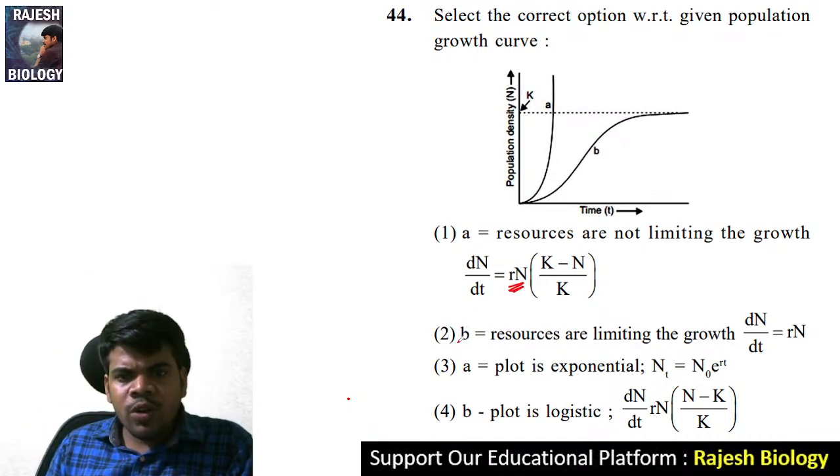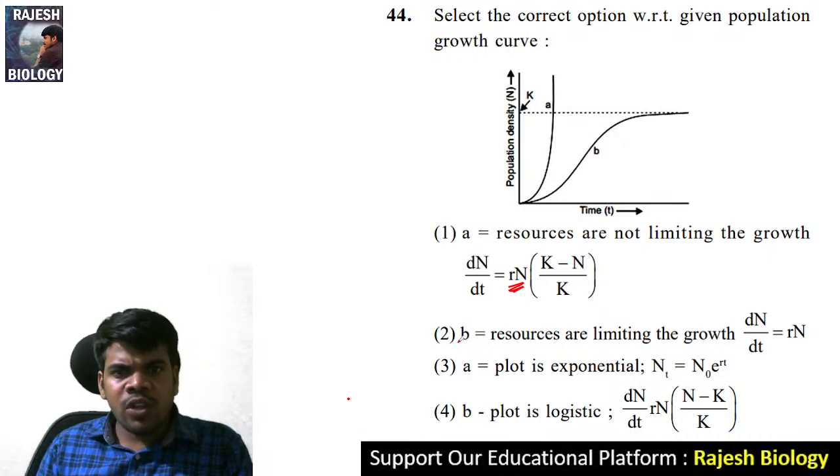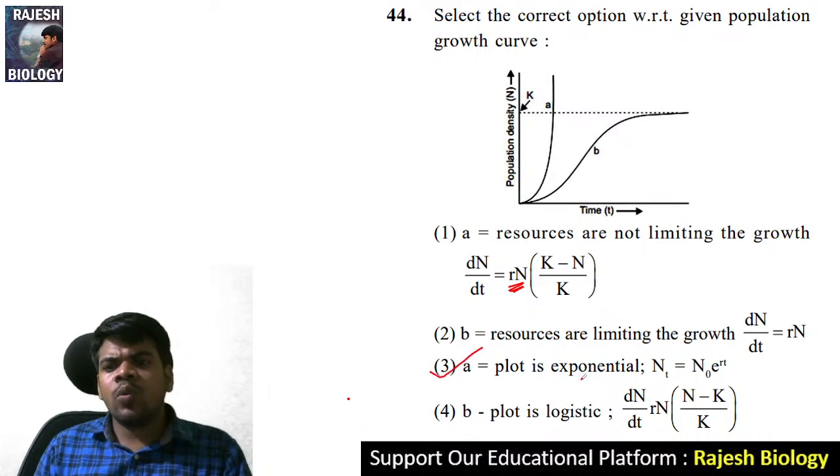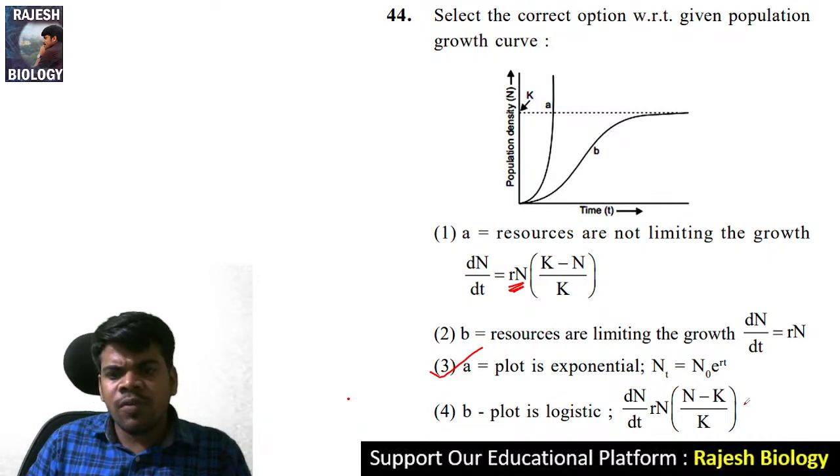Here the formula is wrong related to the exponential growth. So the right answer is A is equal to plot is exponential, Nt is equal to N naught e power rt. This is the correct. B plot is logistic, but the formula is wrong.